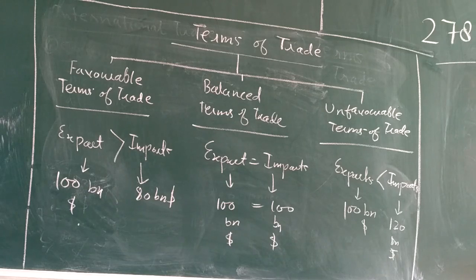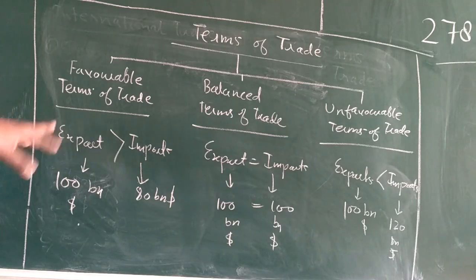Suppose for a particular country, the value of its exports comes to $100 billion, and the value of all the imports it has done comes to $80 billion. It means exports are greater than imports. So for this particular country, whatever trade has been done was very favorable. Favorable means exports were $100 billion, imports were $80 billion.